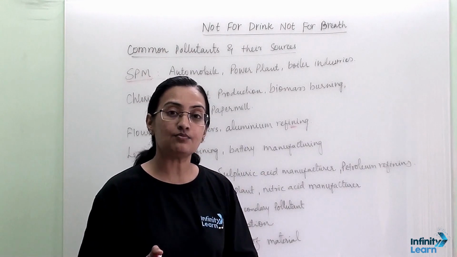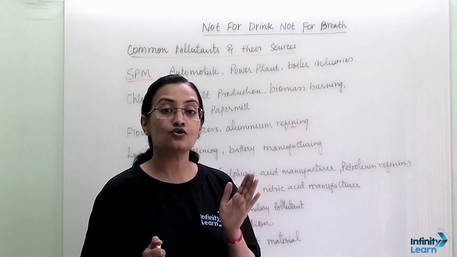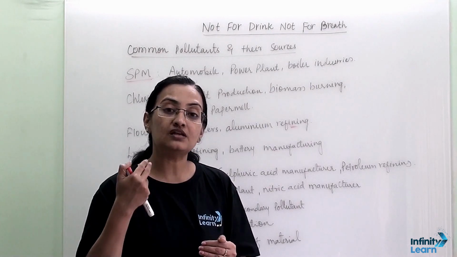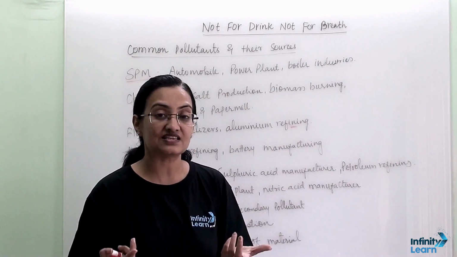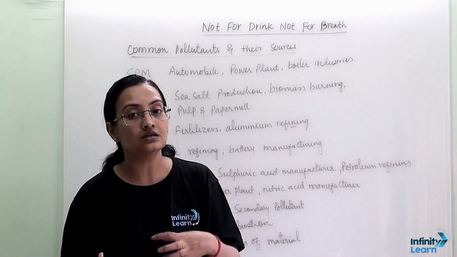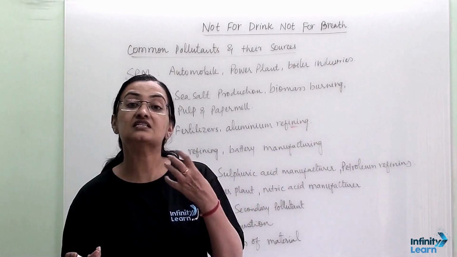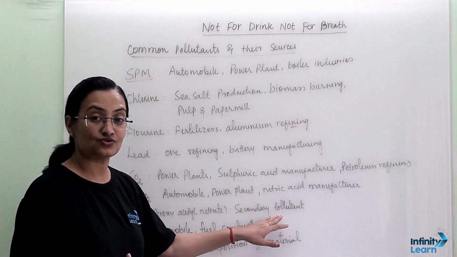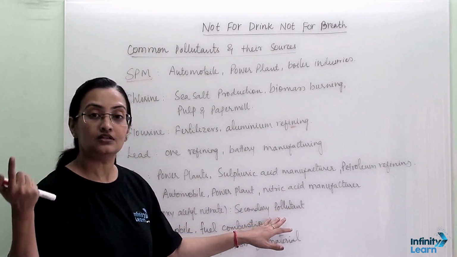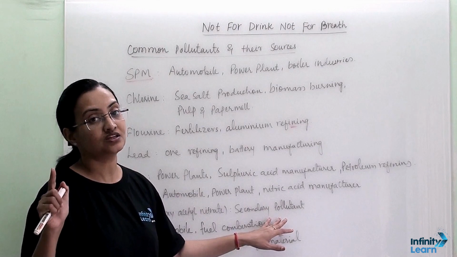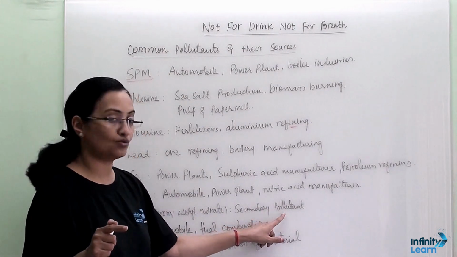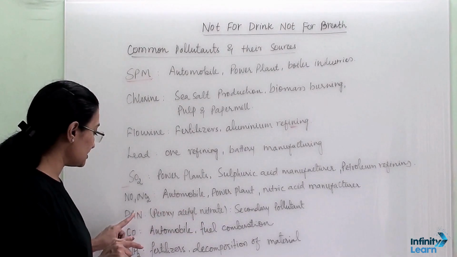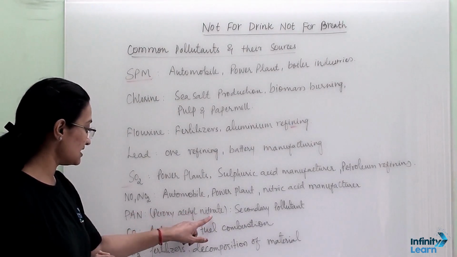Whereas the secondary pollutants are not the main pollutants, but when the primary pollutants react with atmospheric gases, they generate some other substances. They are known as secondary pollutants. So they are the result of the primary pollutants' reaction in the environment. That's why they are known as secondary pollutants. One secondary pollutant is PAN, that is peroxy acetyl nitrate.